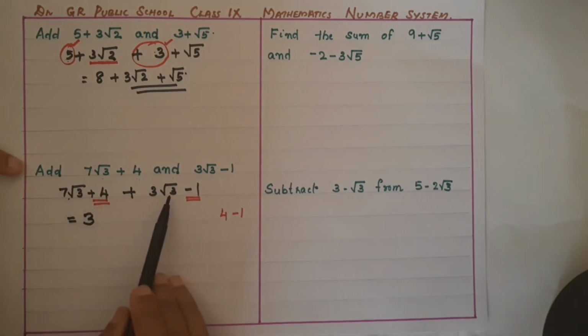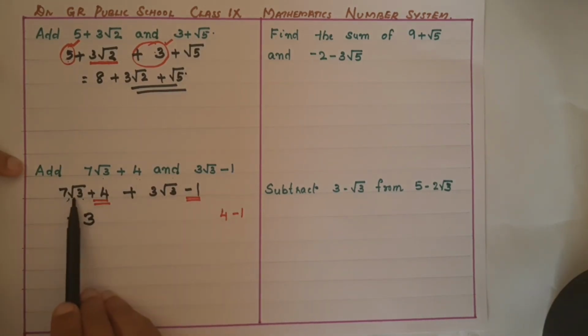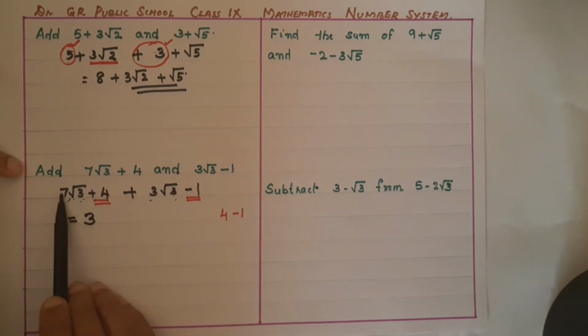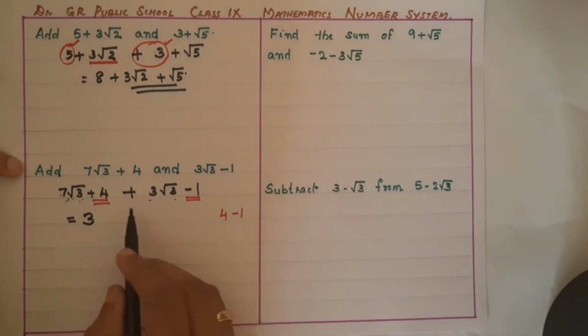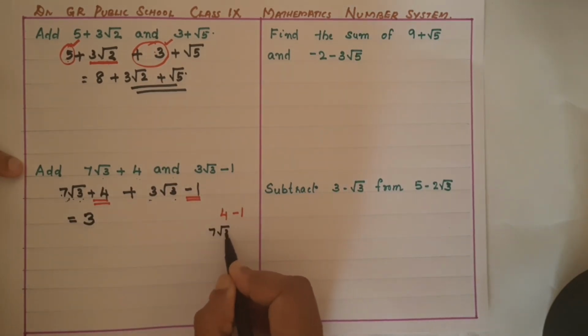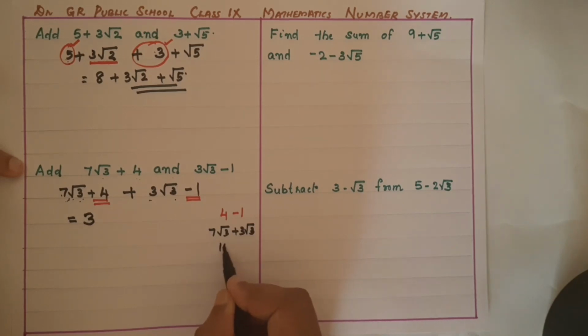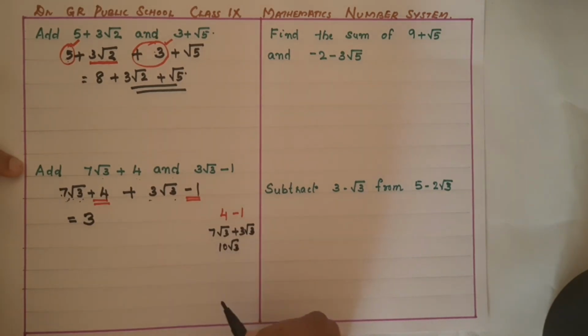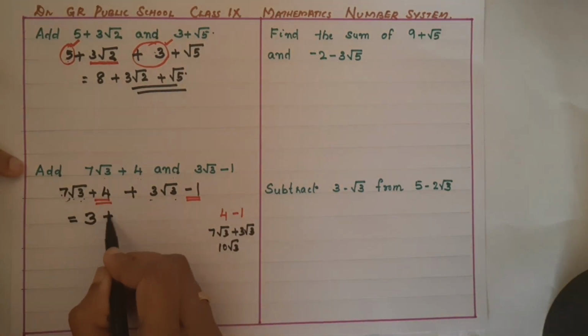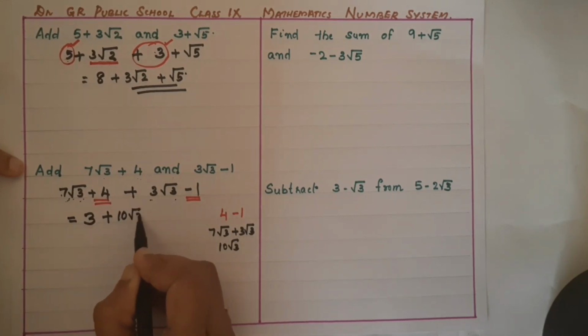Can we add 7 root 3 and plus 3 root 3? We can add, isn't it? Because they are same surds. So what is 7 root 3 plus 3 root 3? 7 plus 3, 10. Both are positive. So we can write plus 10 root 3.